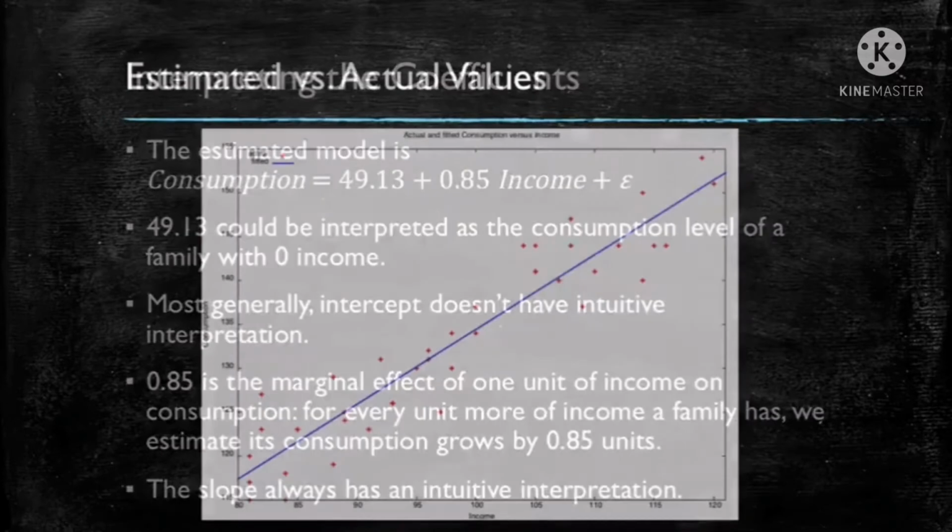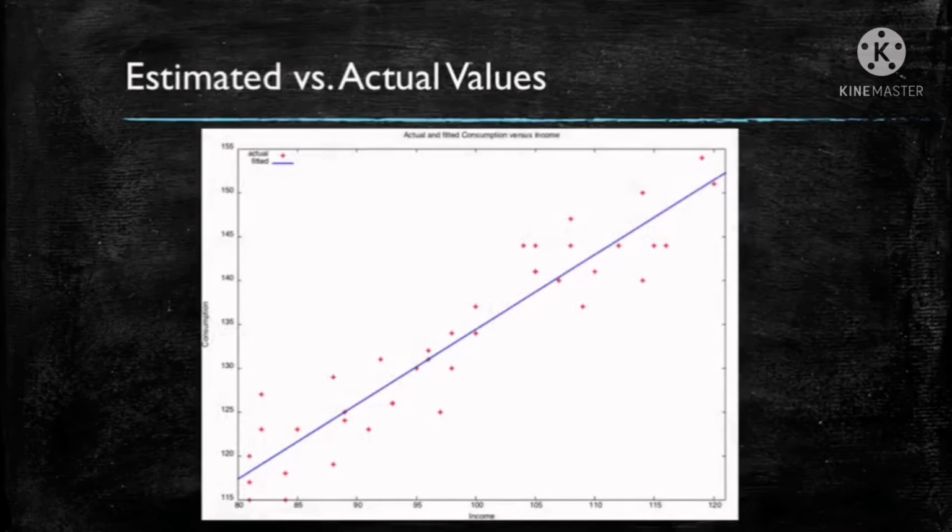We will finish our example by showing the initial observations and the fitted linear model in the same plot. Here in this plot, the horizontal axis is income and the vertical axis is consumption. The 40 red dots you see represent each of the 40 observations of the families for which we had data on income and consumption.